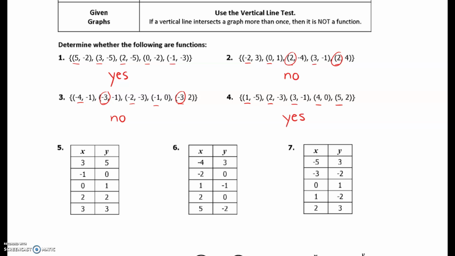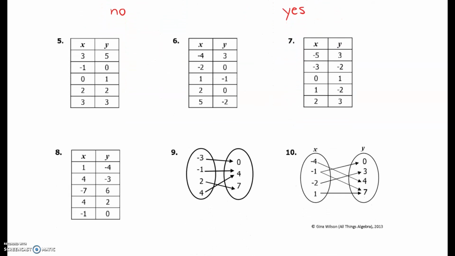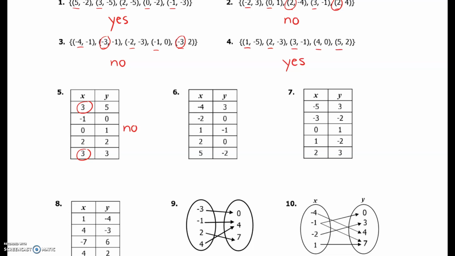As we look at the tables, we want to look down the x column here and take notice if we have any repeating x values. In this case, I see a 3 and a 3. If they repeat, our answer is no, this is not a function. In number 6, it appears that all of the x values are different. If that's the case, the answer is yes.